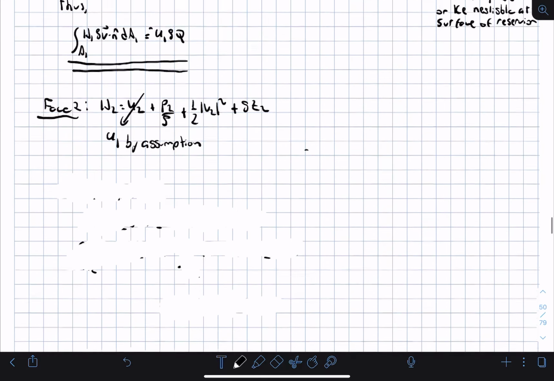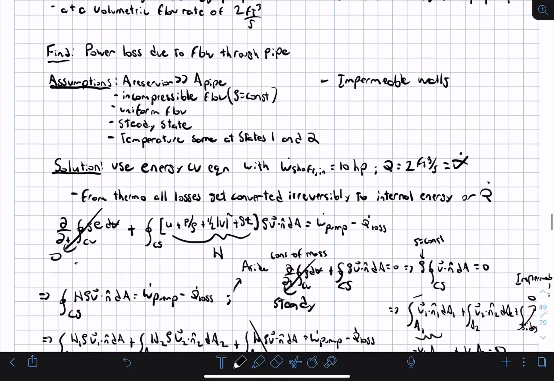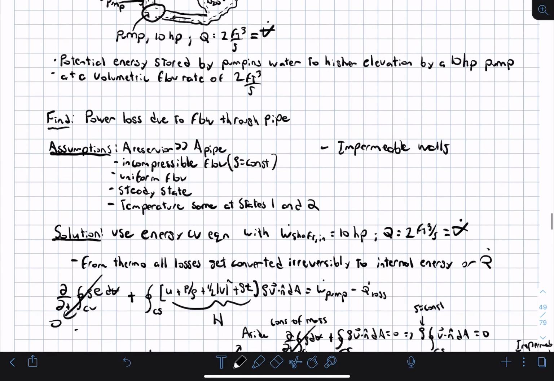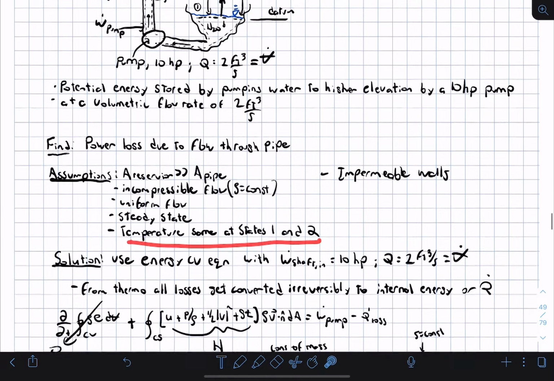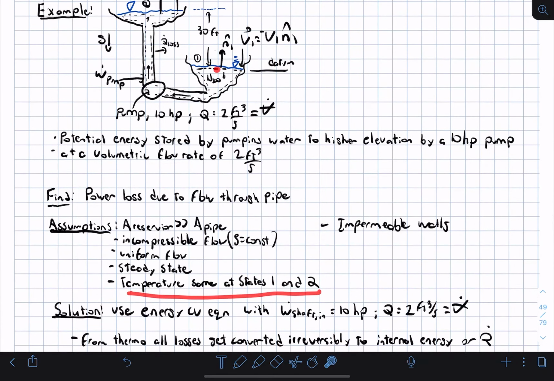Okay, we're assuming that there's enough time, because the temperature is the same as states 1 and states 2. We're assuming that as the fluid goes around and up, and both of these reservoirs are exposed to the atmospheric environment, the temperature of the fluid here is essentially the same as it is over here.